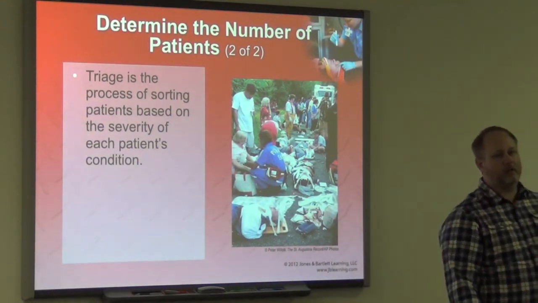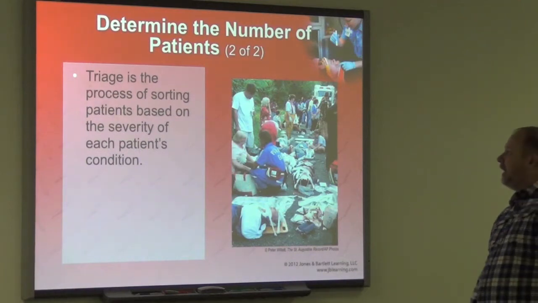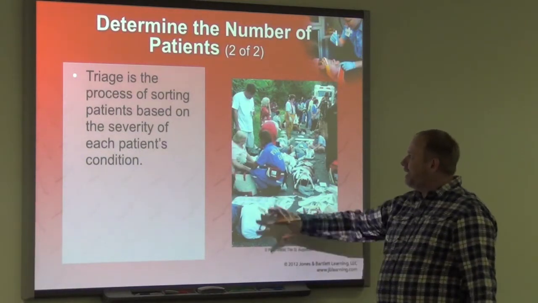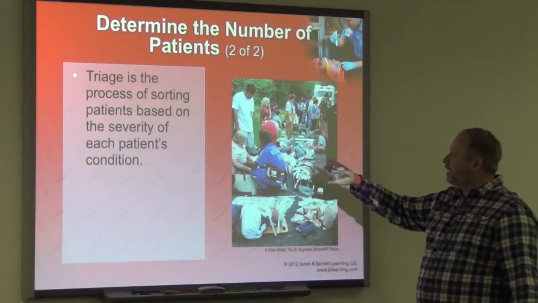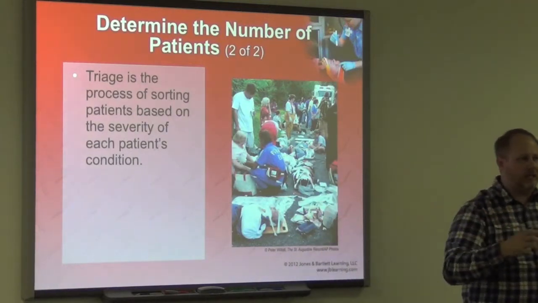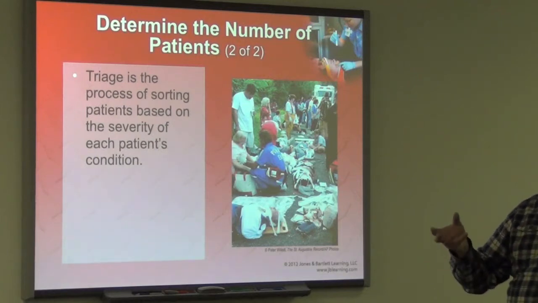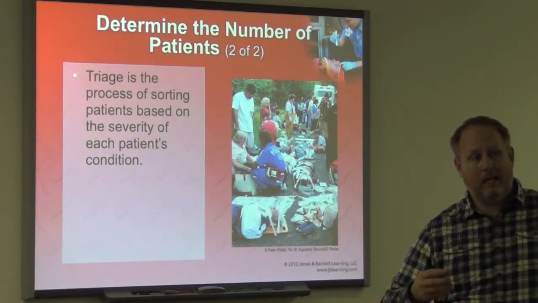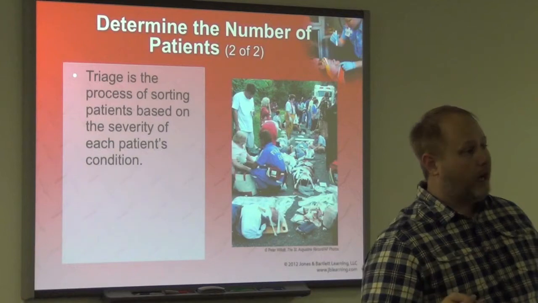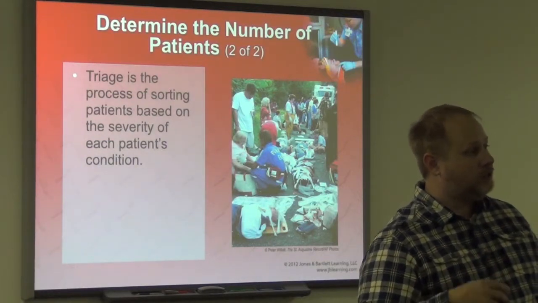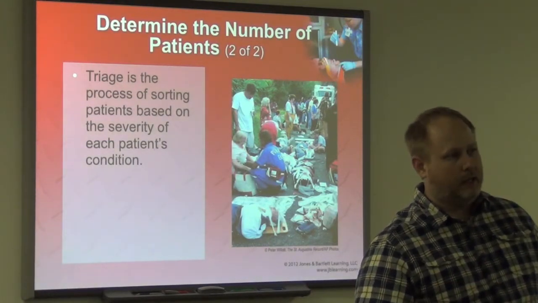Triage is the sorting of patients. And we're going to figure out, based on the acuity or the severity of the patient, who gets treated and seen first. You're going to institute triage procedures anytime you're in a situation where you do not have enough resources to take care of all the patients on hand.